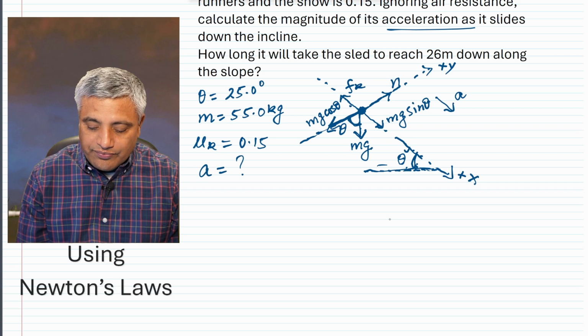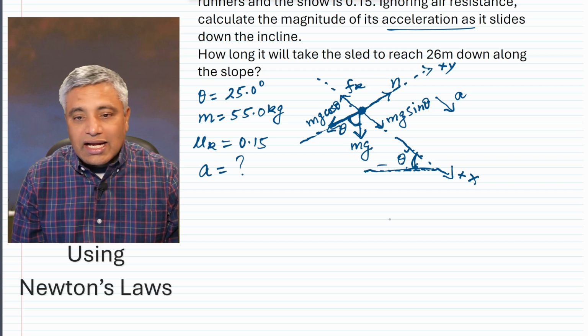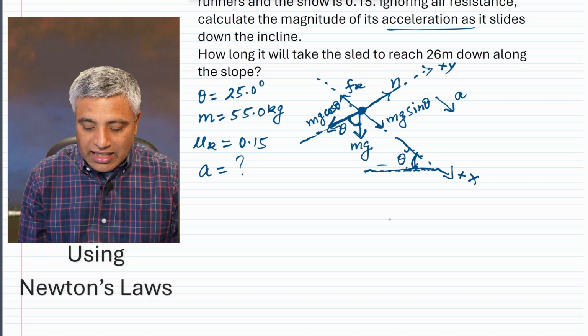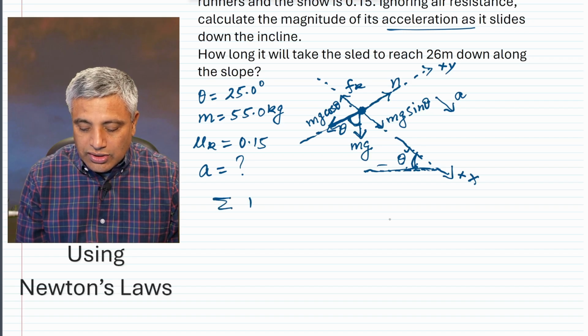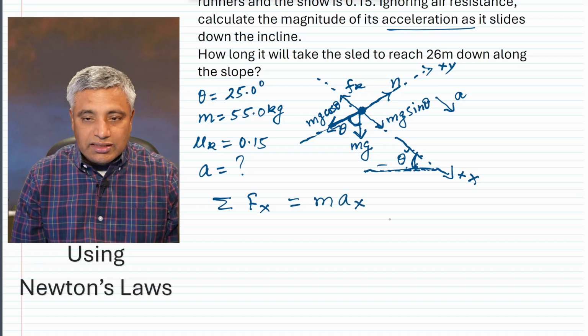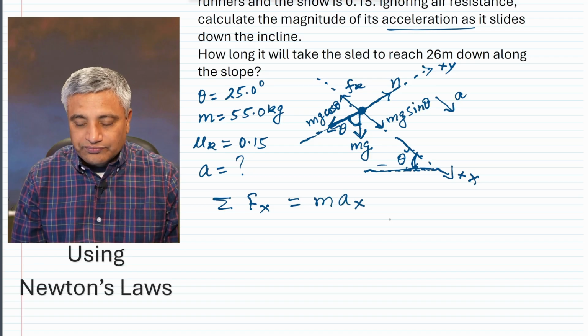For this we write the equation along the incline, that is along the x direction. The sum of forces along that direction is mass times acceleration in that direction. This is just Newton's law formula.